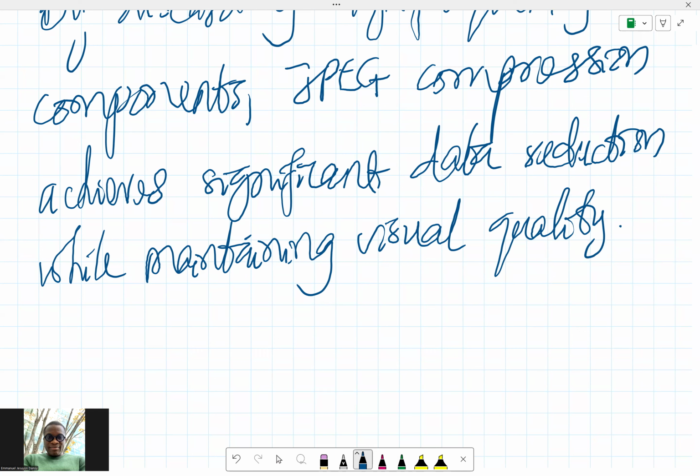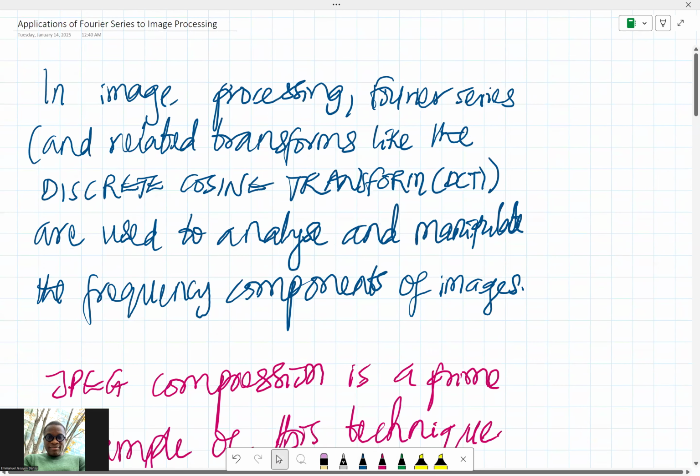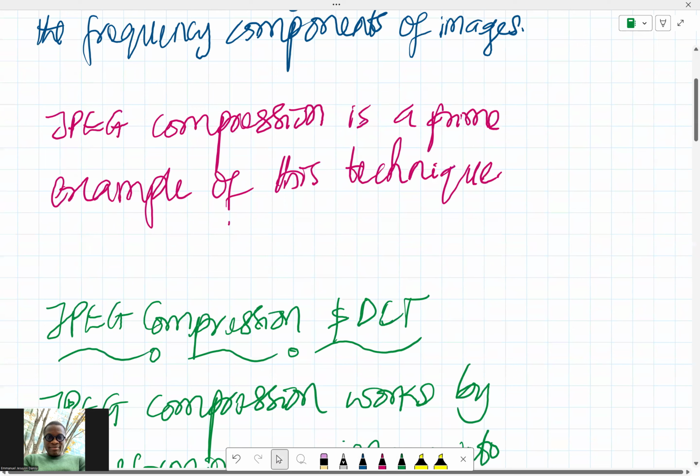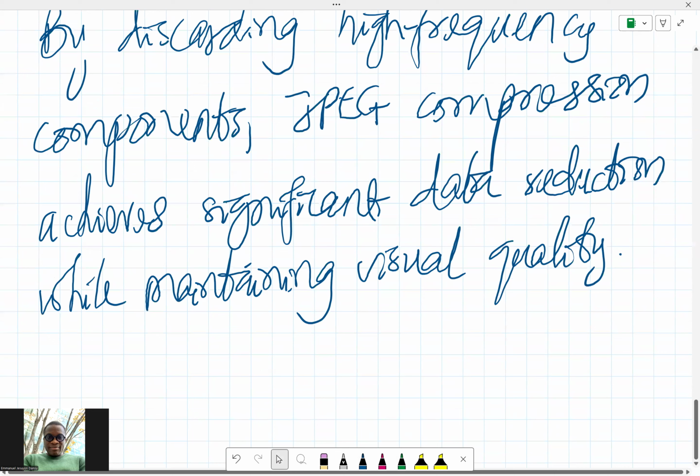All right, so that's it about the application of Fourier series to image processing. You can see Fourier series has that kind of real application in image processing.